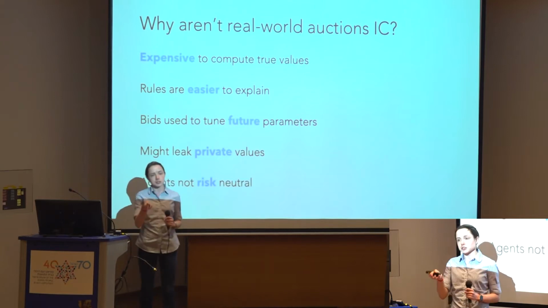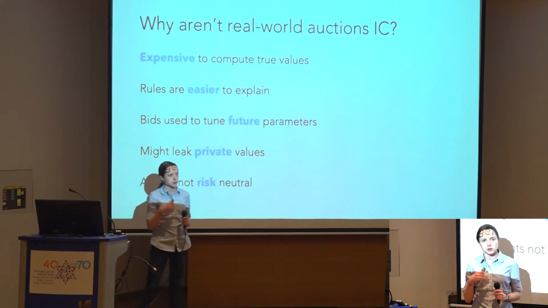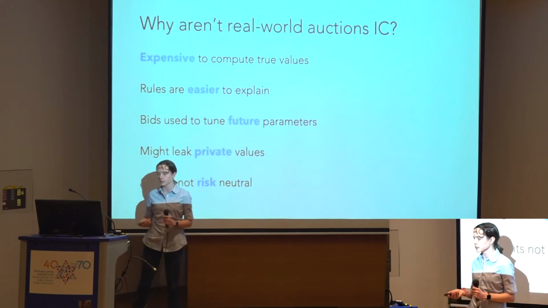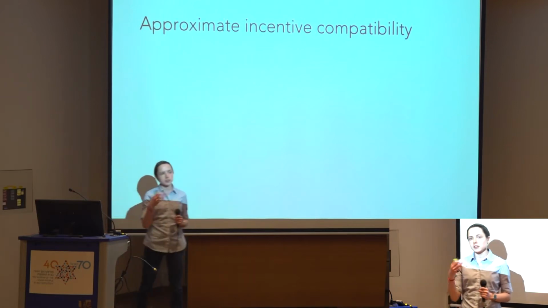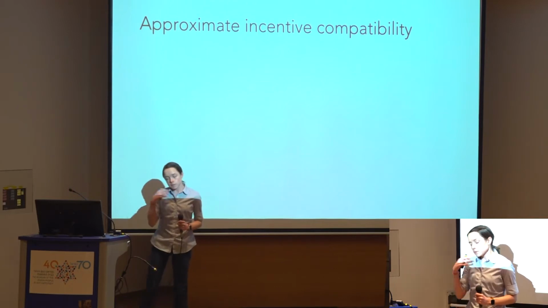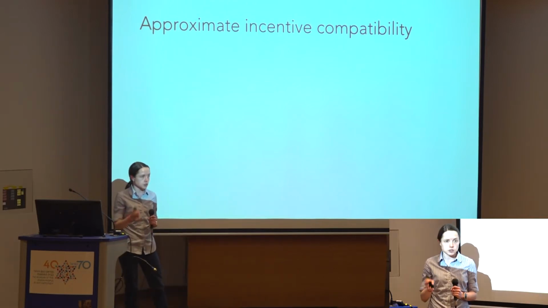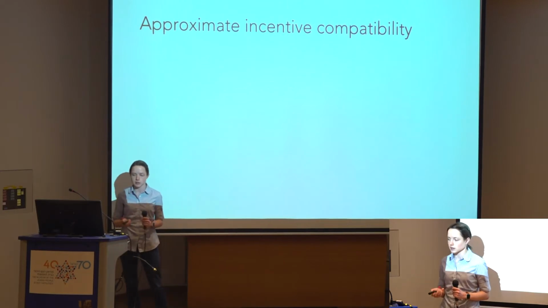And finally, agents might not actually be risk neutral. So an auction that is incentive compatible for risk neutral agents is no longer incentive compatible. So due to the ubiquity of manipulable mechanisms, many researchers have looked into relaxations of incentive compatibility, or approximate incentive compatibility.